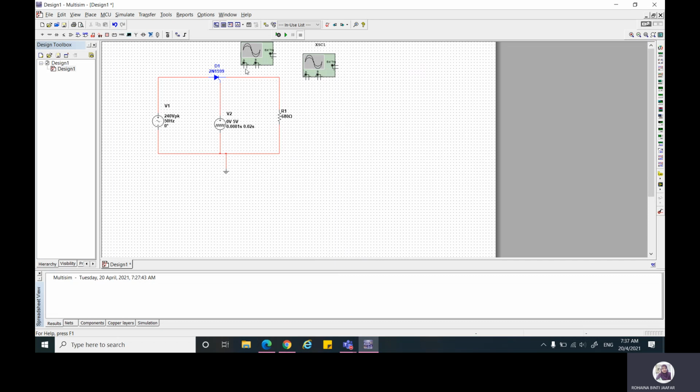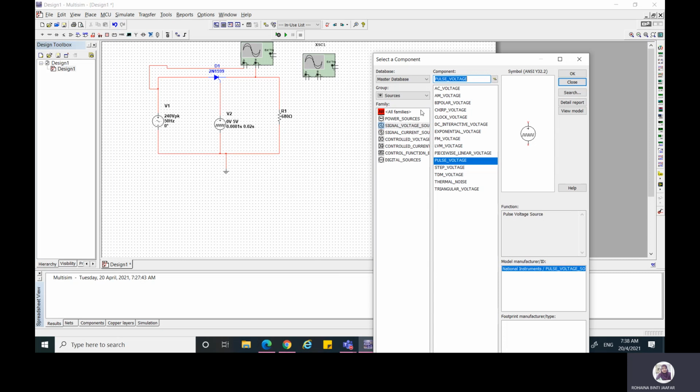So channel A to measure the input signal, and then channel B to measure the output. So this is your output. Okay, you can straight connect to here, and then get another one.